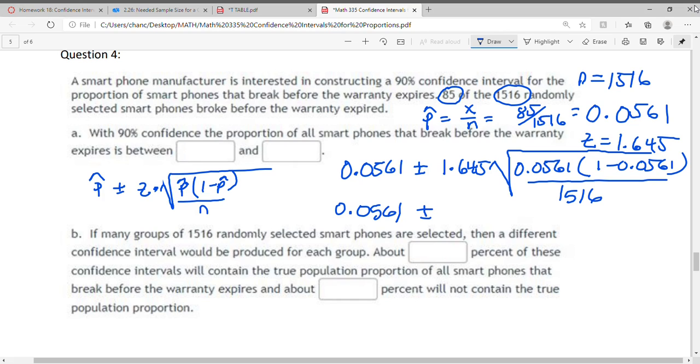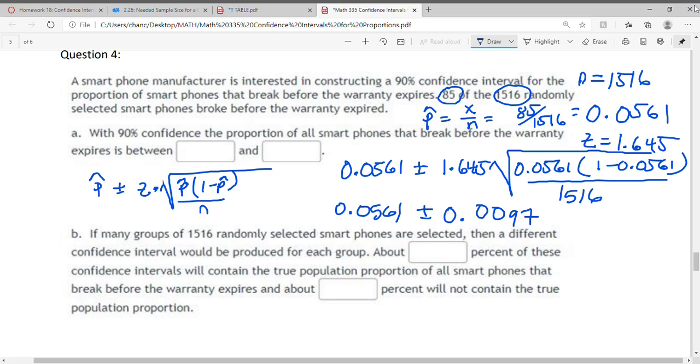Now let's again focus on the right side of the plus or minus. And this gave me a value of 0.0097. So we can add and subtract this to our point estimate and we'll get our solution.